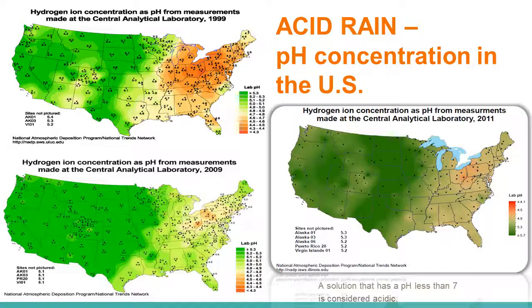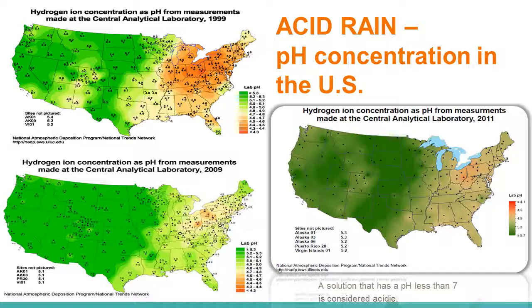In 1999, if you look at the state of Pennsylvania, it appears that the average pH of rain was about 4.3. In 2009, the pH increased to about 4.7. That means it's becoming less acidic. If you look at the map of 2011, it looks like the pH is more in the range of 5.0.